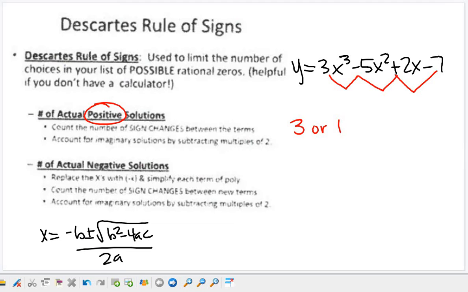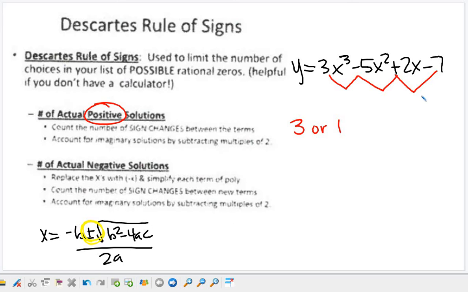When we do this, we inherently have two solutions right there, one plus, one minus. Okay, so if we have an imaginary solution, it has to come in a pair. And we're going to talk about how to figure out the possible imaginary solutions as well. So you're always going to subtract 2, just a rule.